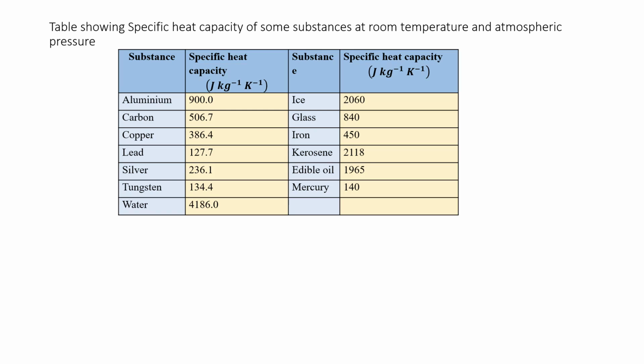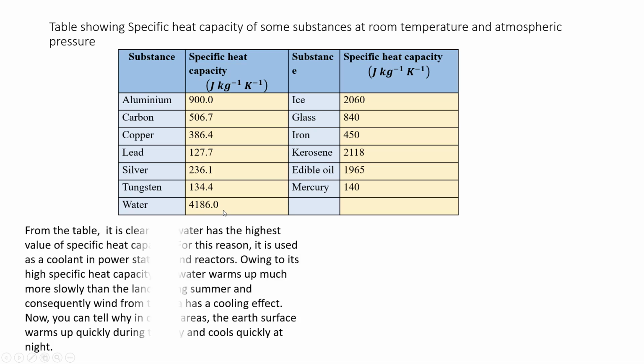Because of hydrogen bonding, the specific heat capacity of water is very high. You can see that the specific heat capacity of water is very high compared to the other substances. It is almost 4,186. From the table, it is clear that water has the highest value of specific heat capacity.